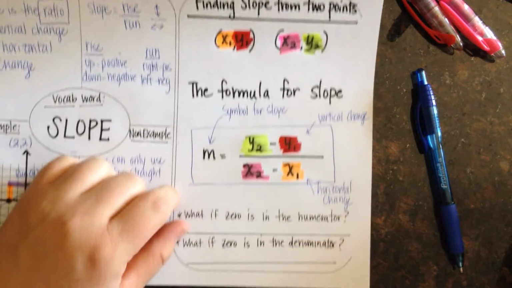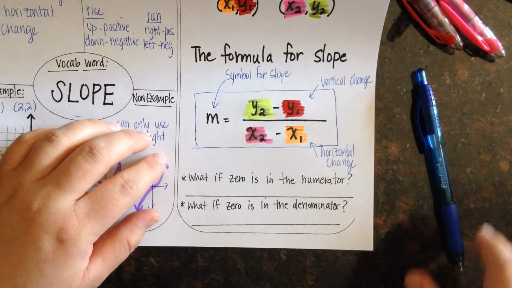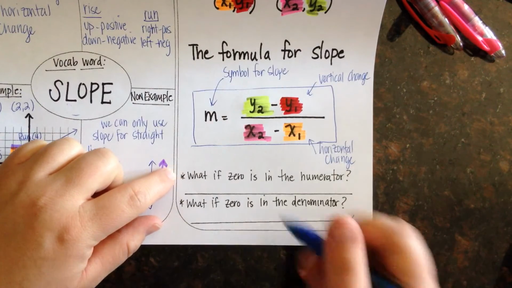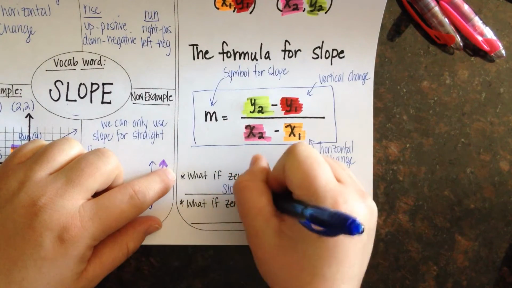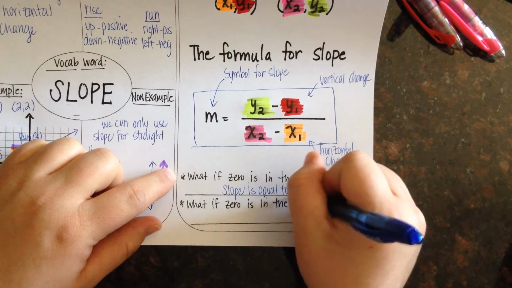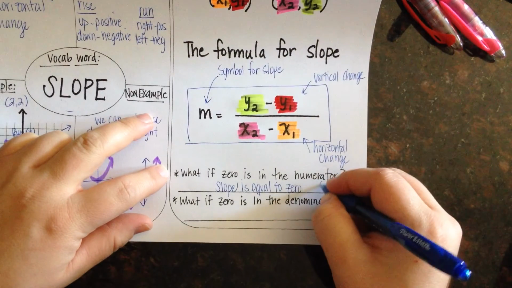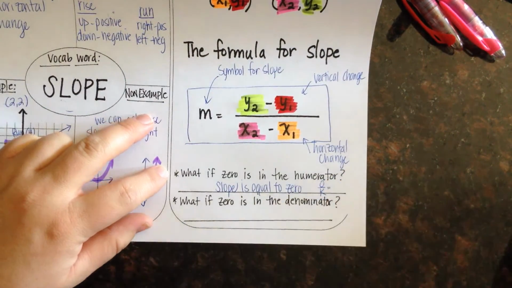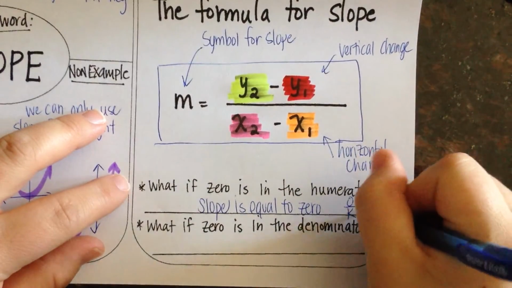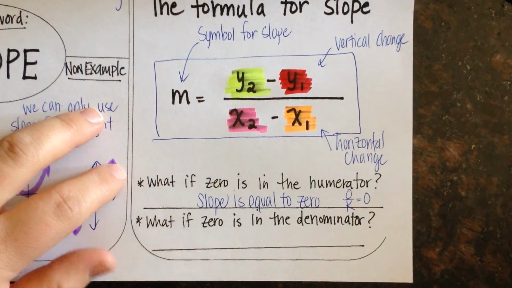Now, a couple of things that students miss every year is what happens if you have 0 on the numerator or the denominator. If the 0 is in the numerator, your slope is equal to 0. One way to remember that is it's okay if the 0 is on top. 0 is okay.